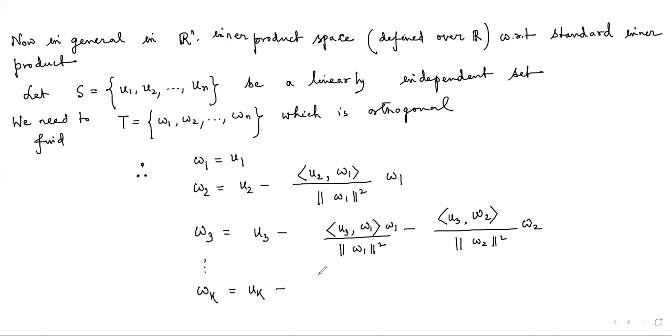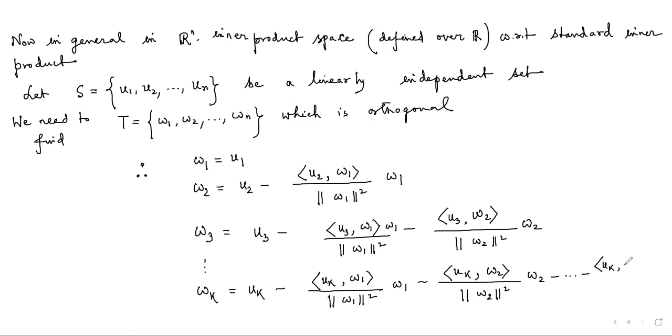Okay, so that would be Uk dot W1 divided by norm of W1 square into W1, minus Uk dot W2 divided by norm of W2 square into W2, minus and so on, minus Uk dot Wk minus 1 by norm of Wk minus 1 square into Wk minus 1.